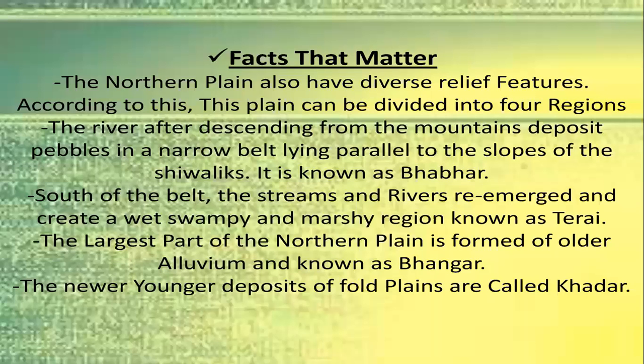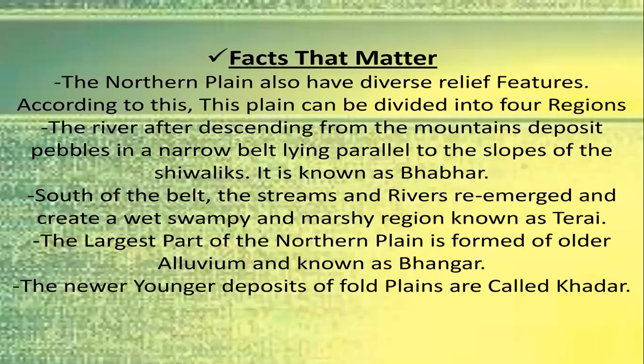So the northern plain has diverse relief features. It can be divided into four regions. The river, after descending from the mountain, deposits pebbles in a narrow belt that lies parallel to the slopes of Shivalik, and this is known as Bhabhar.